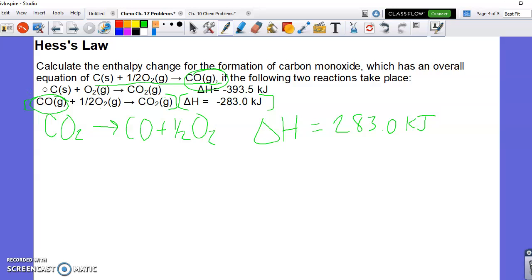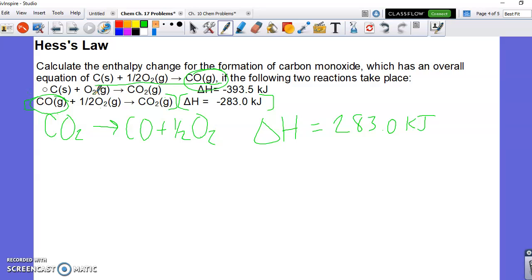So I have one step done, but now I have oxygen as a product and I don't want that. But if I look up here at my other equation, now I have oxygen as a reactant. So those two things can cancel each other out.